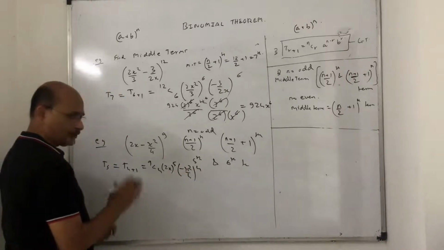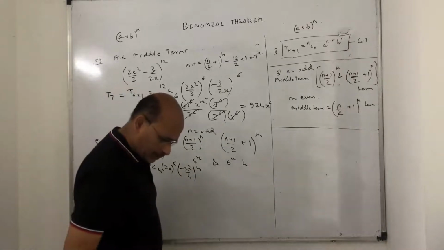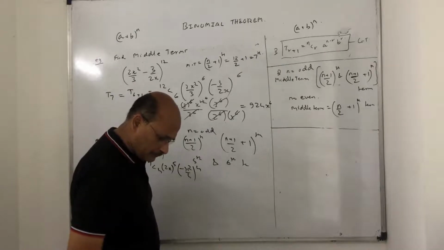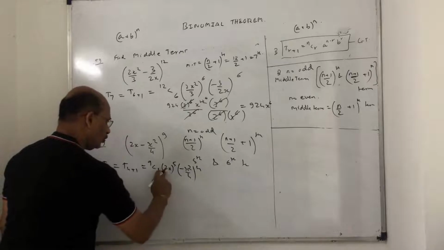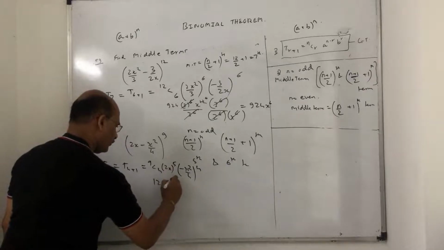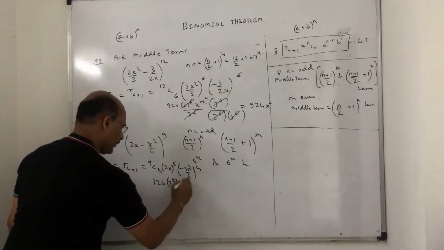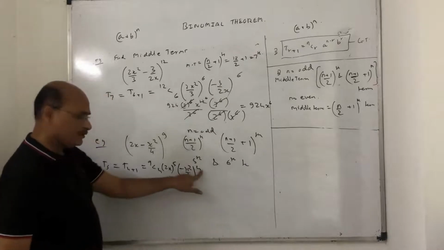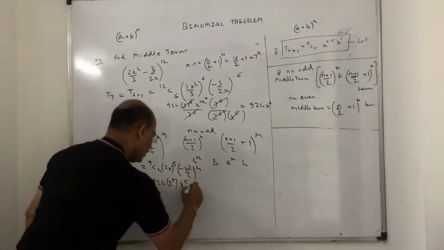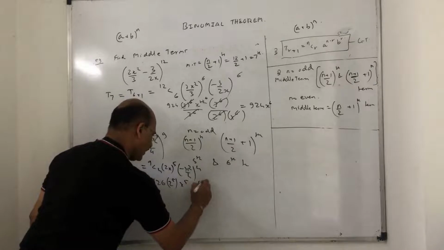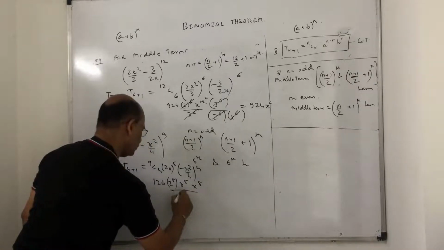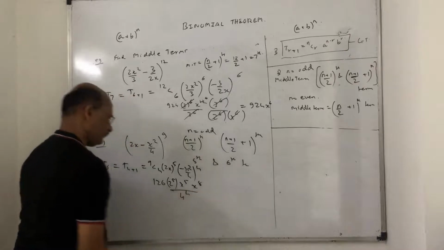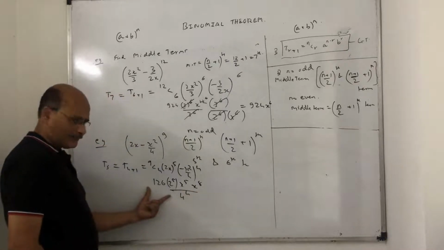Once you do this, calculate it out now. 9C4 is 126, 2 raised to 5, x raised to 5. Now minus raised to an even number will be positive. So x raised to 8 upon, this is nothing but 4 raised to 4. Now you can cancel whatever you want.